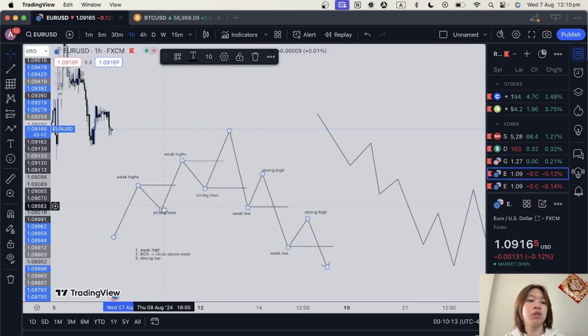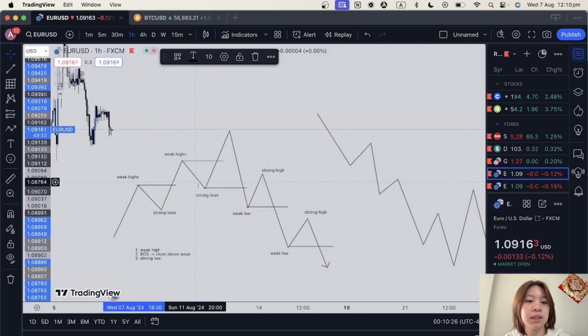So now that we have this strong low, we look at this high. Is this high able to produce a move that closes below this strong low? If it doesn't close below this low, then it is weak. So as it goes down here, it creates a low, and then it goes up, closes above it, then it becomes a weak high.